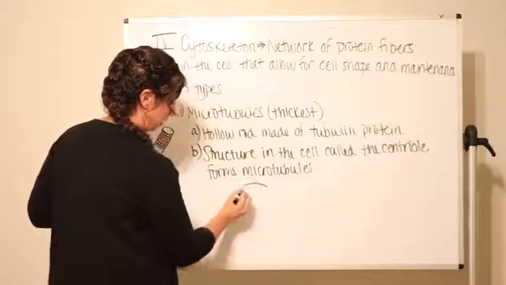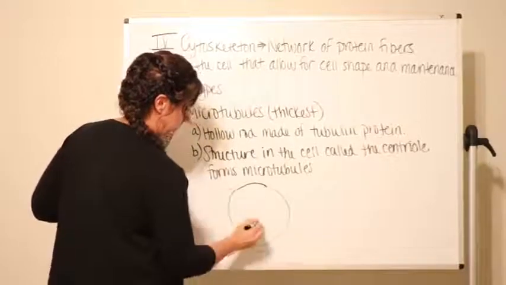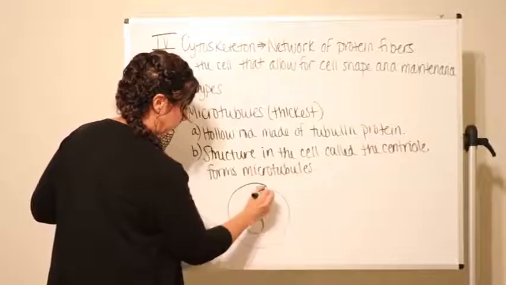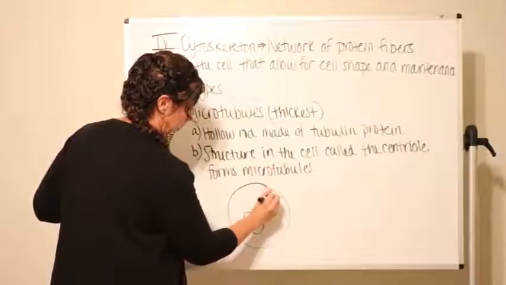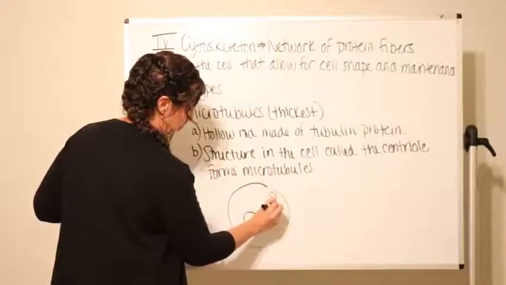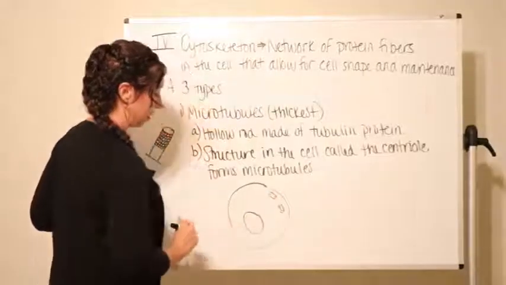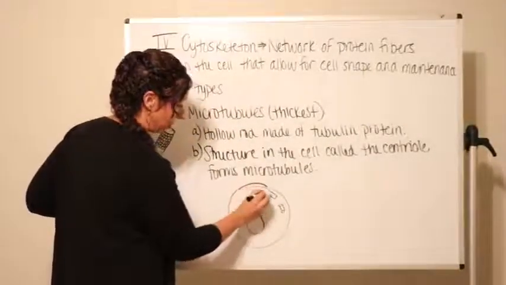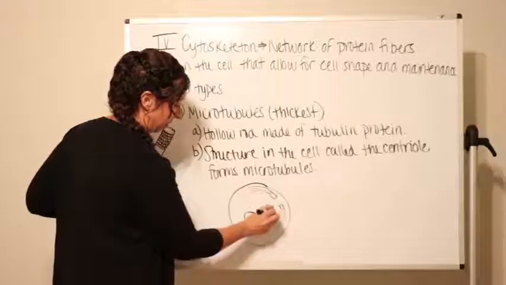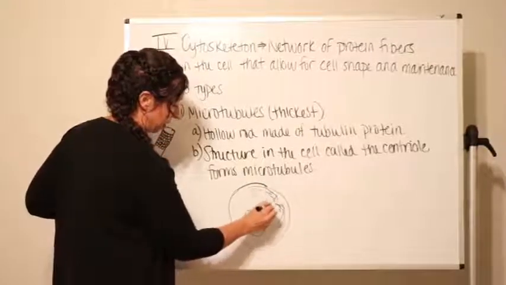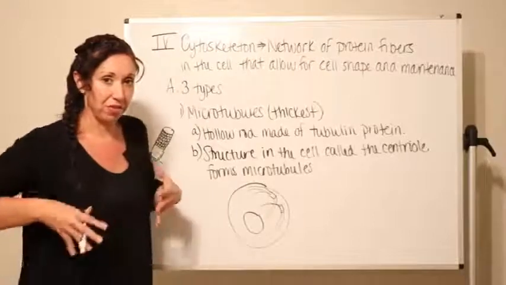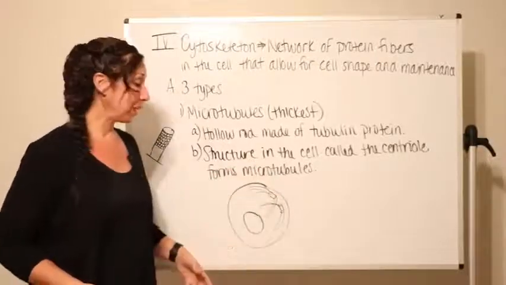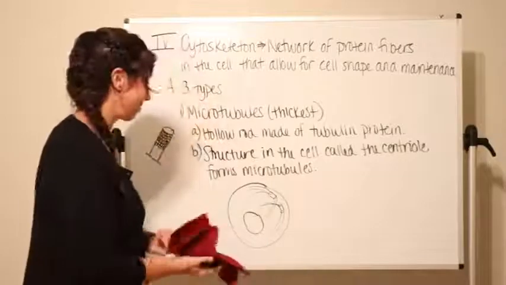Now, in every cell, here's a cell, here's my nucleus and all the other organelles around it. Inside the cell, you have two sets of centrioles, a pair of centrioles right there. And the centriole grows these microtubules out, and they're going to stretch out throughout the cell and do their job. What's their job, you ask? I'm so glad you asked.